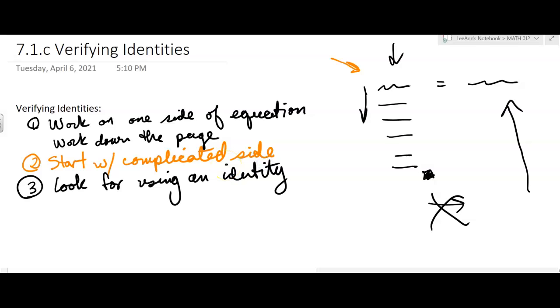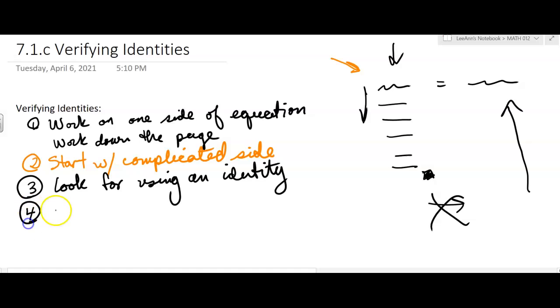Now, we've just reviewed the fundamental identities, and so if I see something that just stands out, like, oh, there's a tangent squared, and I want to get a secant squared, so maybe I'm going to use that identity, that might be an idea, okay? So look for maybe using an identity.